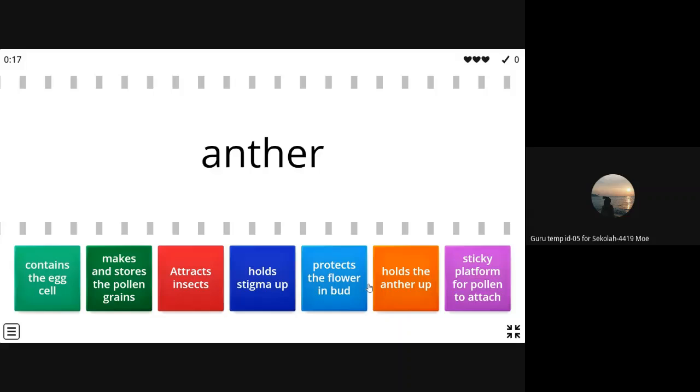Okay, so the first one. Sekejap saya tengok nama. Okay, so what is the function of anther? Husna? Nazuhara Husna. What's your answer?